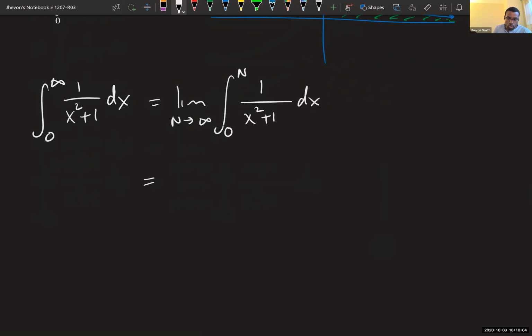What's the integral of 1 over x squared plus 1? So now I leave the limit and focus on the integral. Integral of 1 over x squared plus 1. It's arctan. You could do a trig substitution, but you should know that by heart, right? So that's tan inverse.